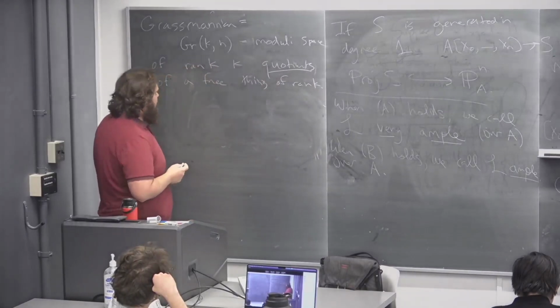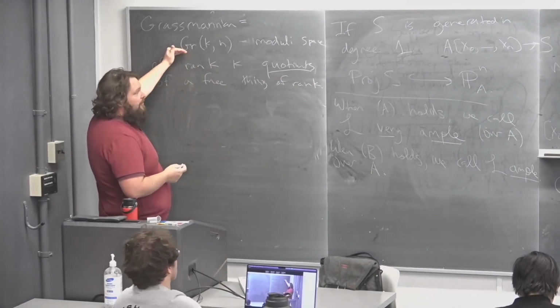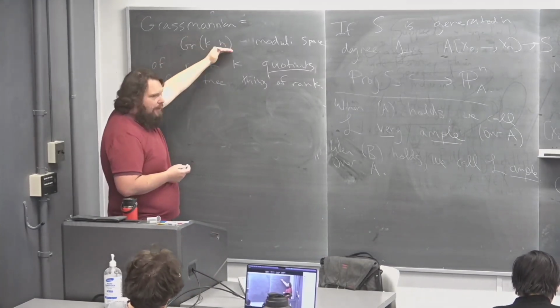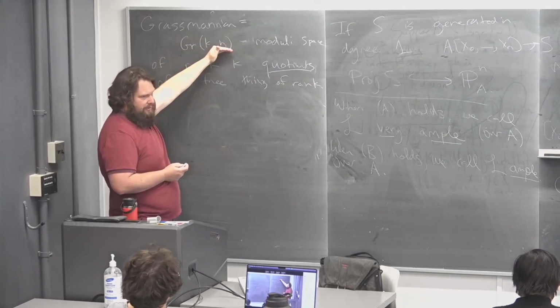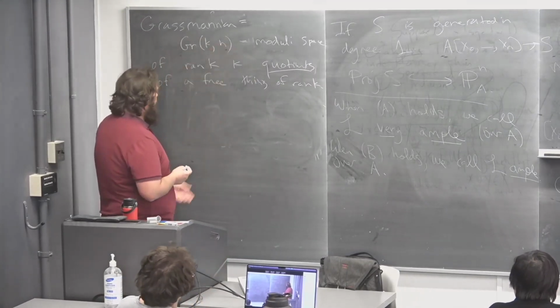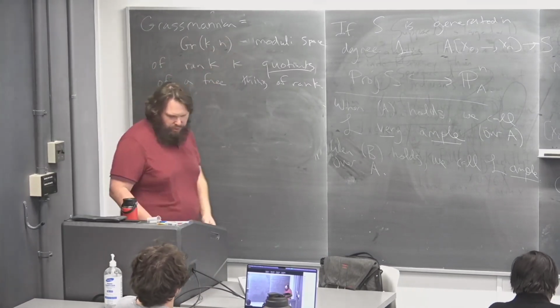So the quotients here is probably slightly different from the context in which you've seen this. If you've seen the Grassmannian defined before, most likely you saw it as the space of k-dimensional subspaces of an n-dimensional space, either over R or over C. Of course, it's equivalent to say quotients, and that will sort of work better in general.